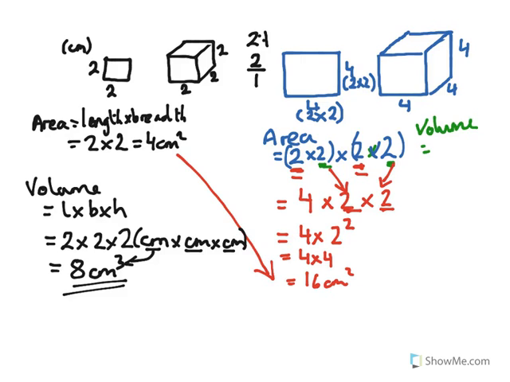The volume will be length times breadth times height, which will be 4 times 4 times 4. That can be thought of as the original 2 centimeters that we had, 2 by 2 by 2, multiplied by 2 cubed. Why multiplied by 2 cubed?